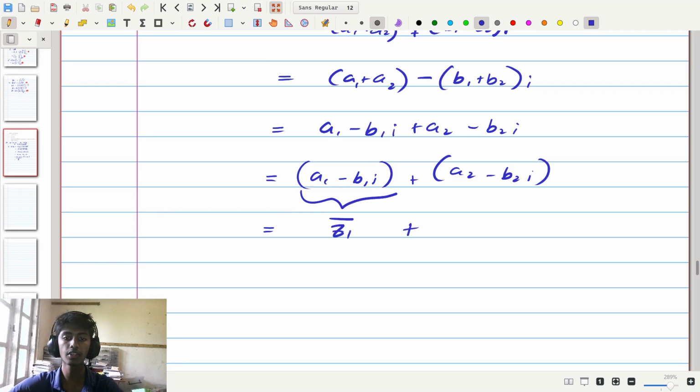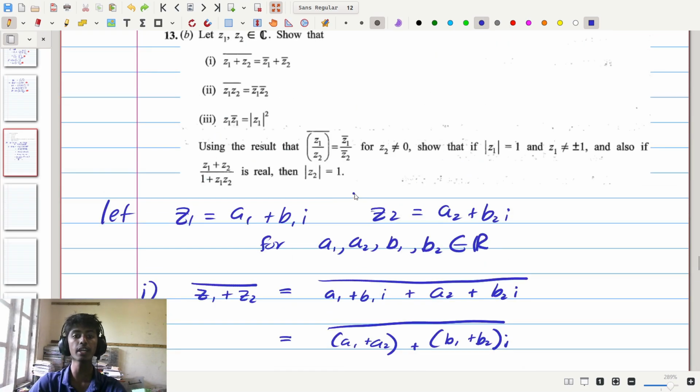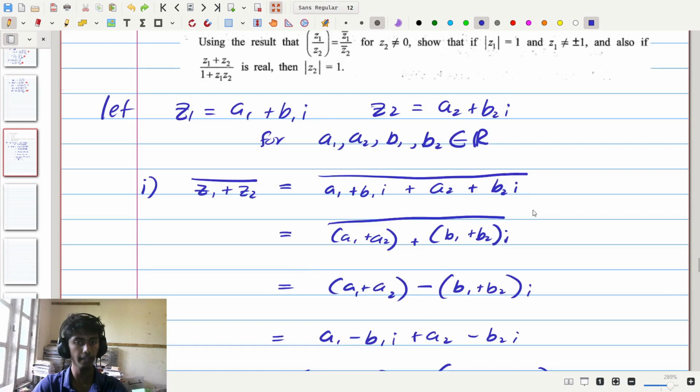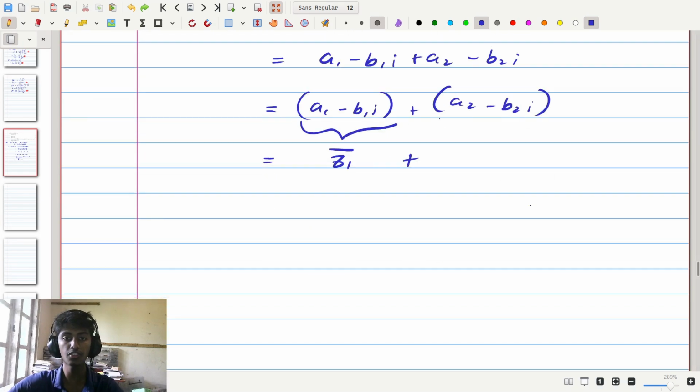And then we have plus, and the second expression here, A2 minus B2I, is simply what we get if we take the conjugate of Z2. Since Z2 is A2 plus B2I, Z2 conjugate would be A2 minus B2I, and therefore the second bracket here is Z2 conjugate.